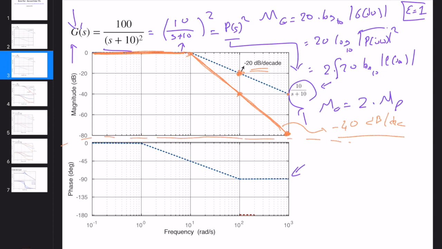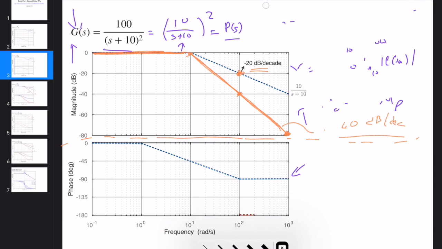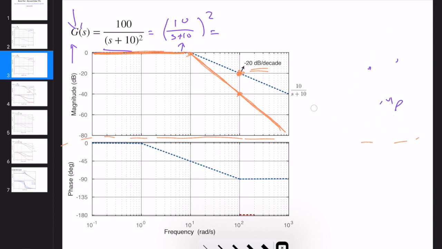Let's look at the phase. If you look at the phase response, we already know that. Let me clean everything, and I will try to explain the phase.